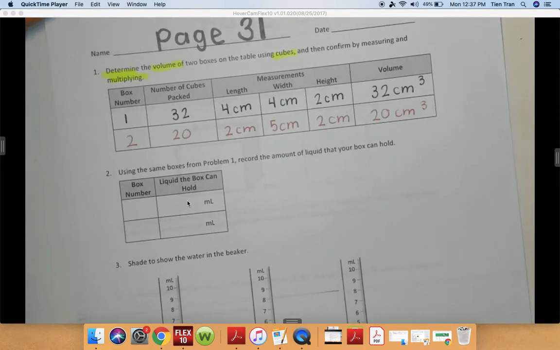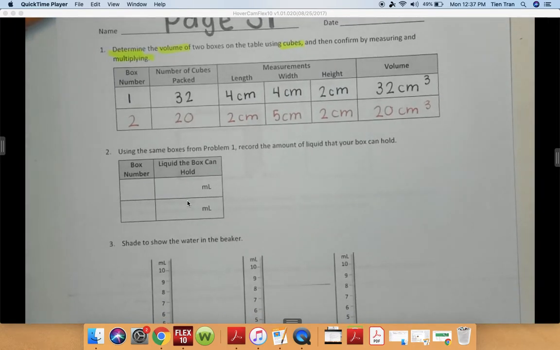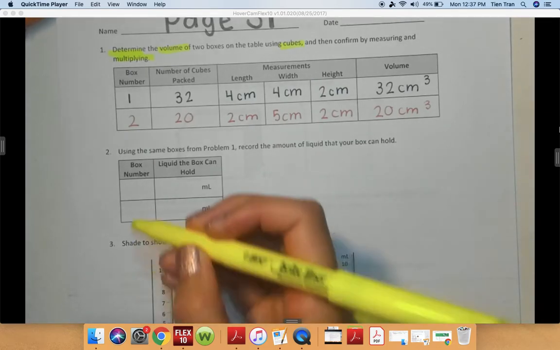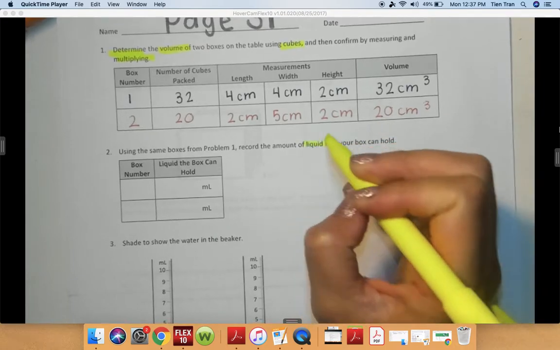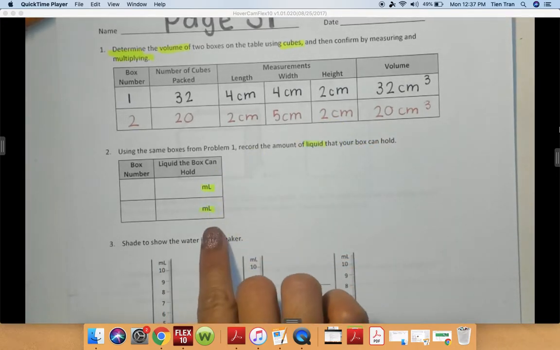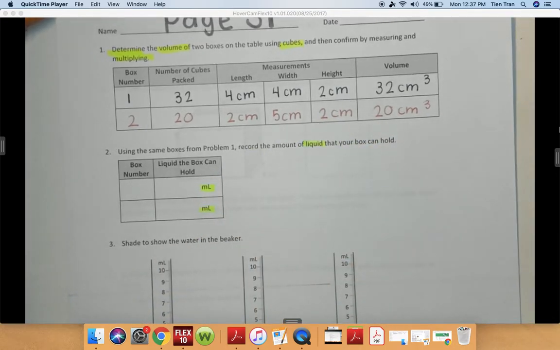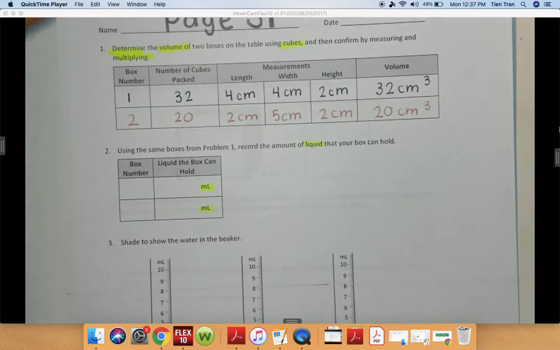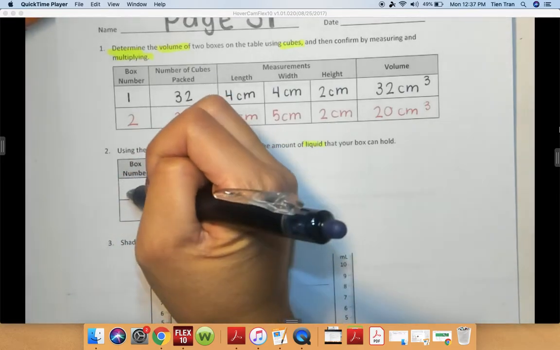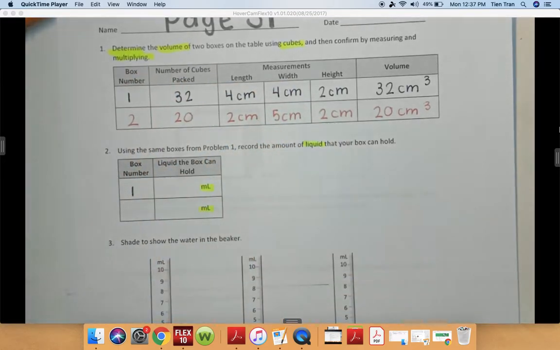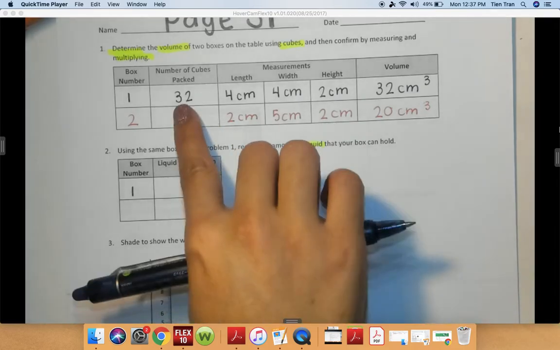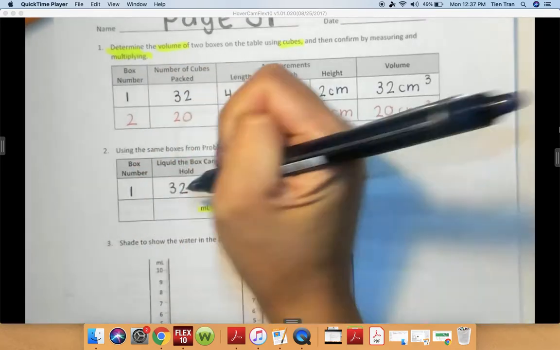The second problem asks you, using the same boxes from problem 1, record the amount of liquid that your box can hold. So now they want me to convert this into milliliters. You see, ml stands for milliliters, and they're asking how much the box would hold. So the first box, box 1, had 32 cubes, so it's going to be 32 milliliters.